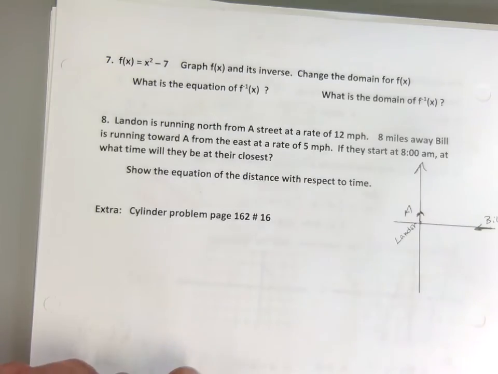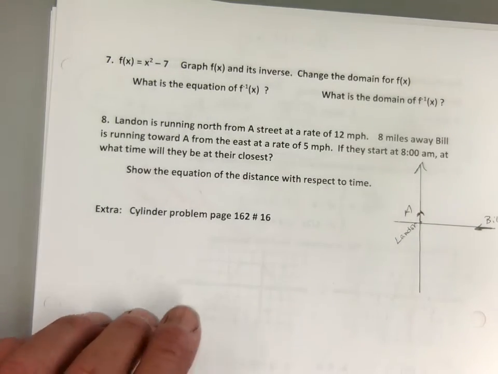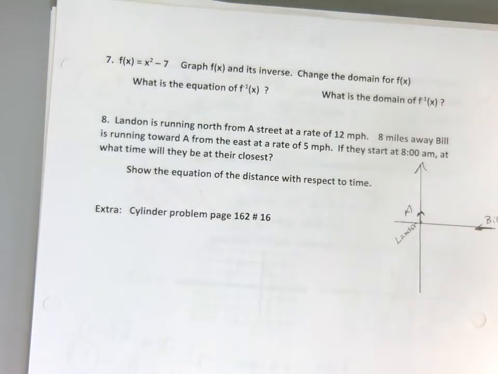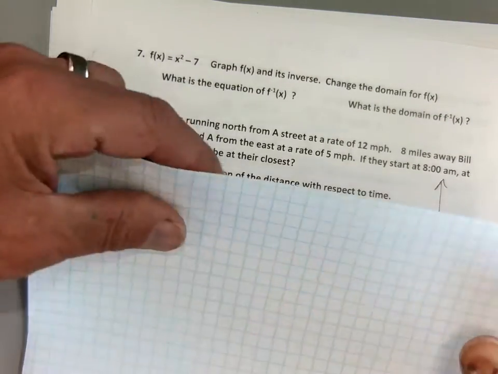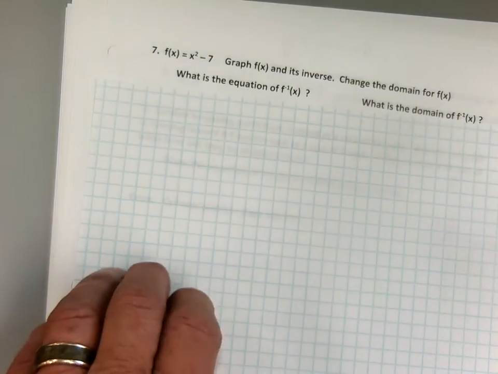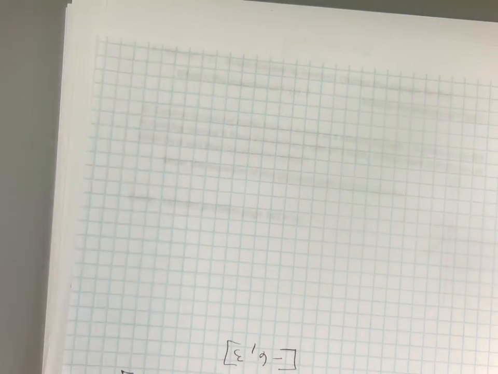Okay, 7. I might need a piece of scratch paper to do it, so I'll just do it on graph paper. So first of all, I'm going to graph x squared minus 7. Okay, that's easy. Hopefully it's easy.